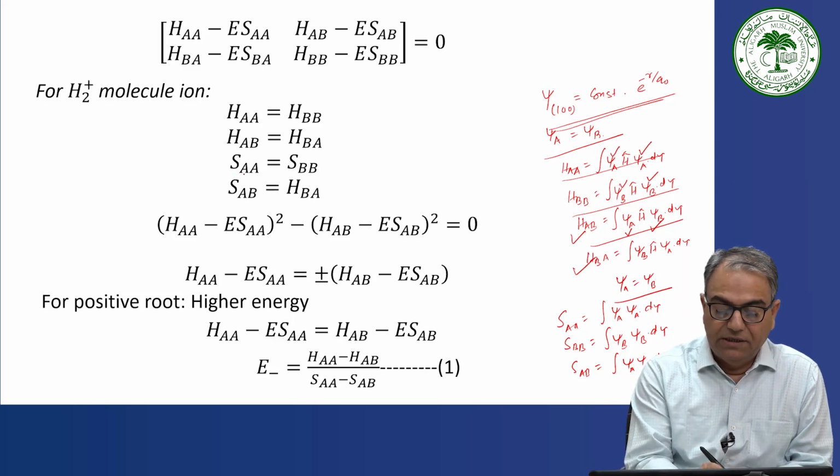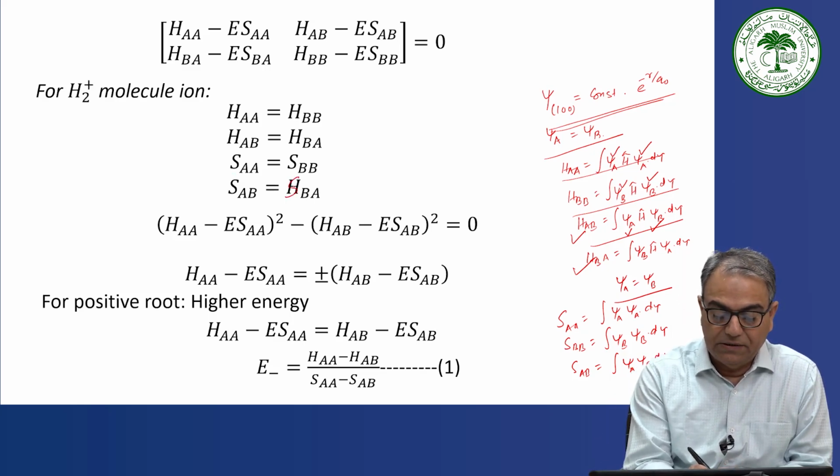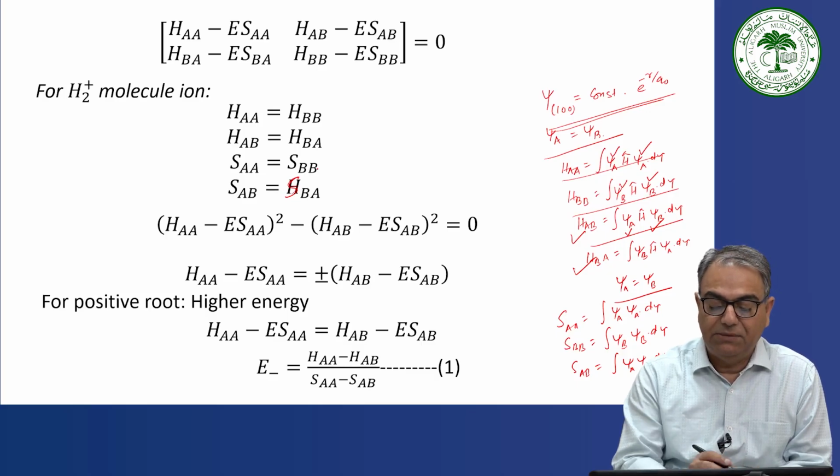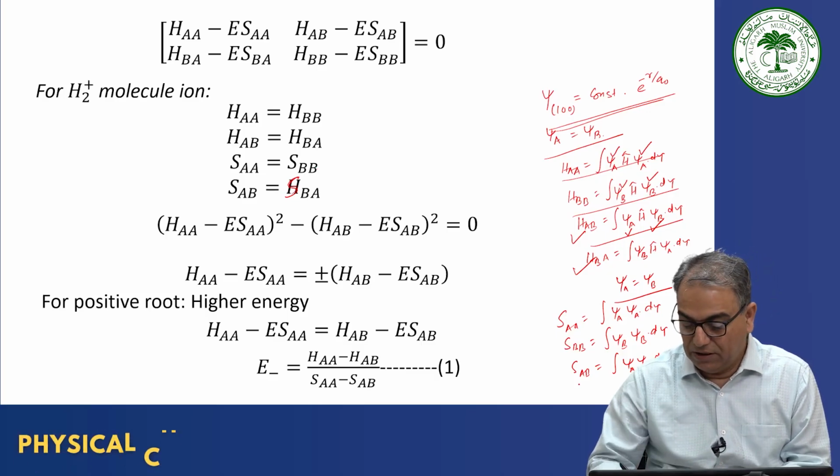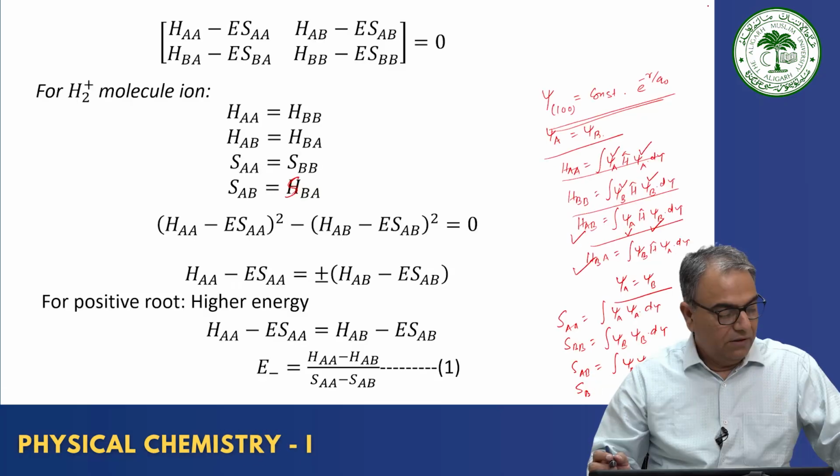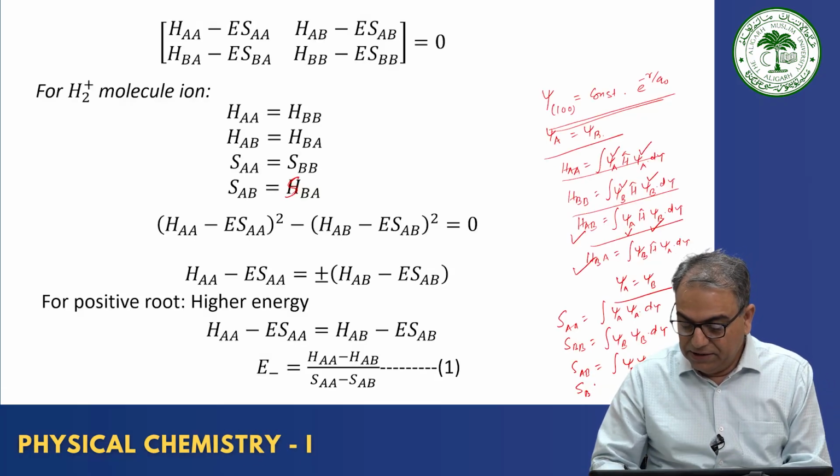So there is a correction here. Psi A, psi B, this should be S. Make the correction here. SAB is equal to SBA. So obviously, SBA if you write, what is SBA?